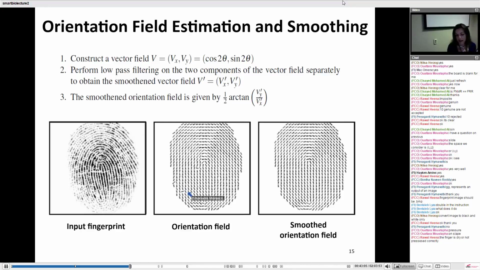And based on the algorithm that we use, we can have this situation, right? With this non-consistent orientation value at this point, or also here. Here we have, because of some creases, for example, this change or inconsistency in the orientation field.